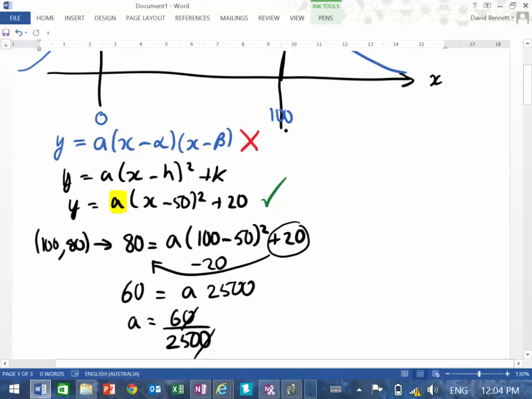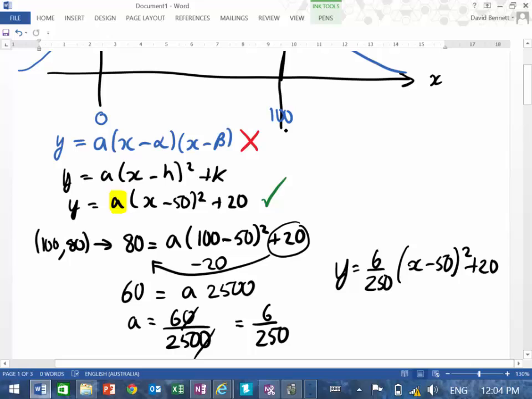And we can say that that's equal to 6 over 250. Happy with that? So then my equation is y equals 6 over 250, times (x take 50) squared plus 20.